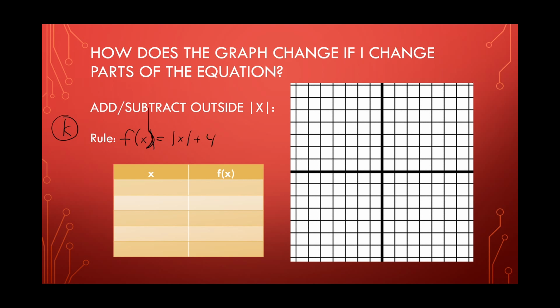I took that original line, and because it's a +4, how far do you think it's going to move it up? Up 4. And this goes 1, 2, 3, 4. And so my new point, same slope, just moved up.